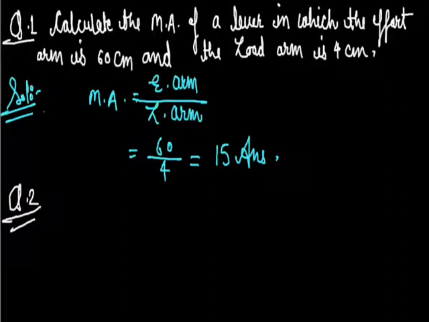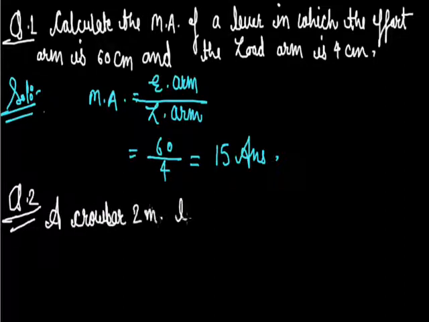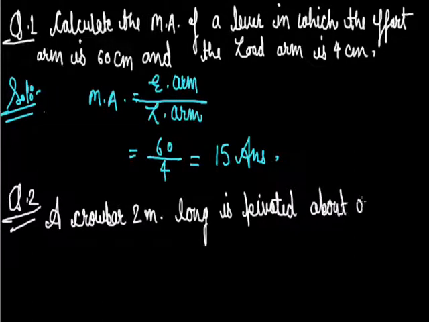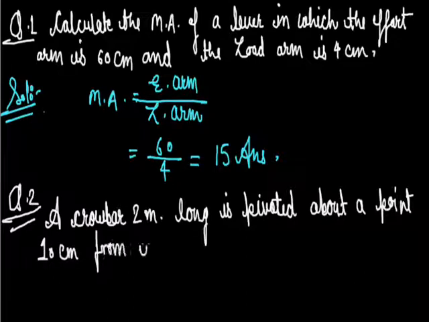A crowbar 2 meter long is pivoted about a point 10 cm from its tip. Now calculate the mechanical advantage.